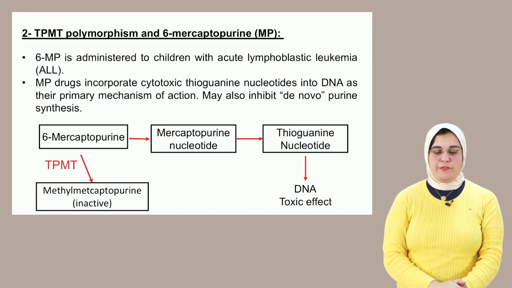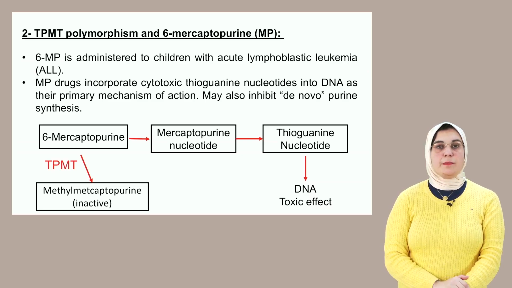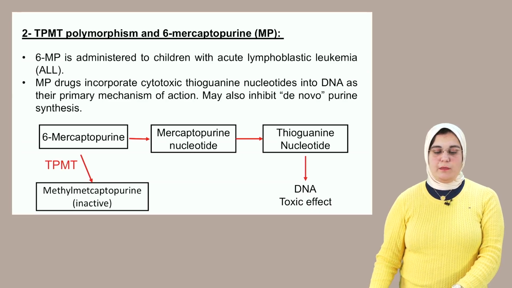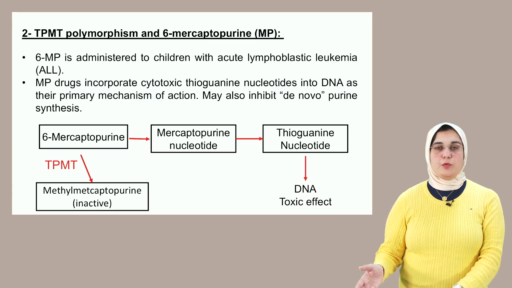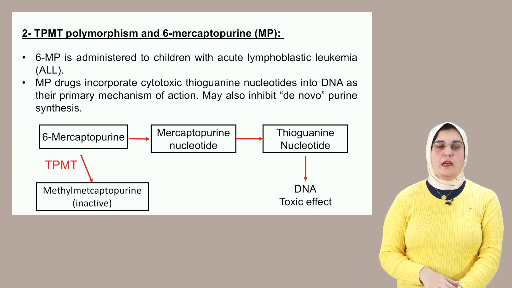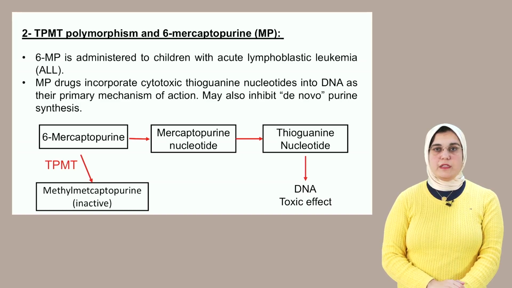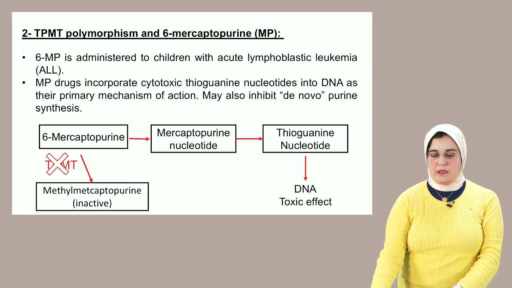What happens if we have a polymorphism? This 6-mercaptopurine is normally metabolized by the TPMT enzyme into methyl mercaptopurine, which is the inactive form, and so the body can get rid of this 6-mercaptopurine, so it's eliminated outside the body.